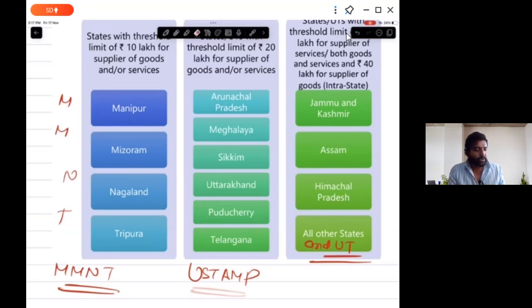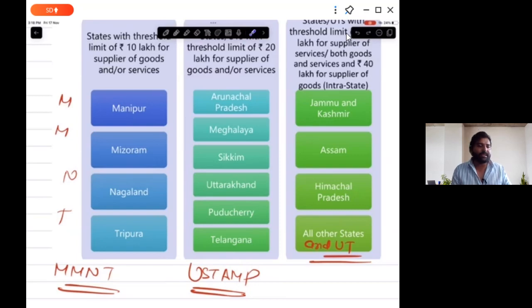So if your turnover is more than 20 lakh in these states, then you are liable to get registered. You can remember this in short forms: for the 10 lakh limit, MMNT, Manipur, Mizoram, Nagaland, Tripura; for the 20 lakh limit, U stamp.